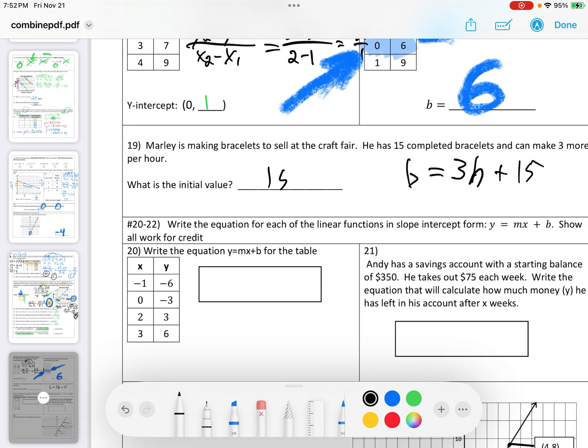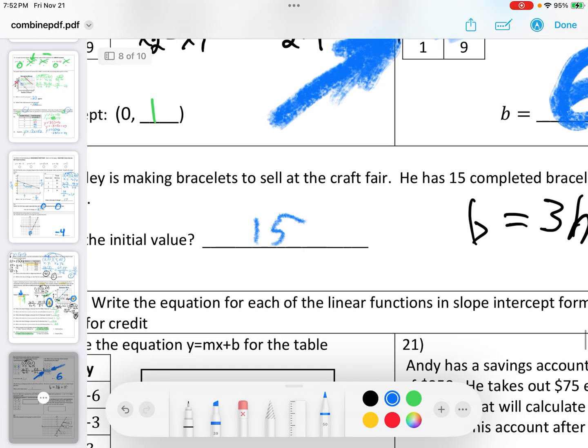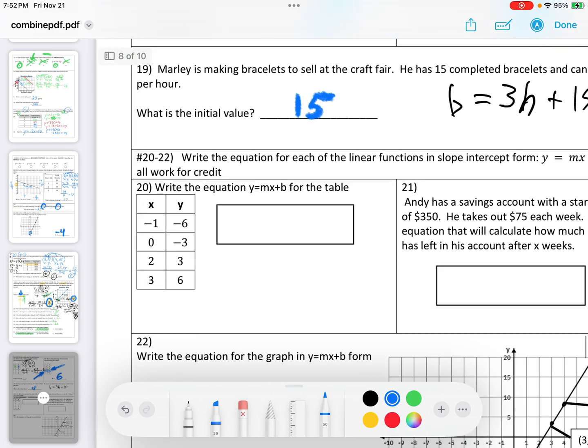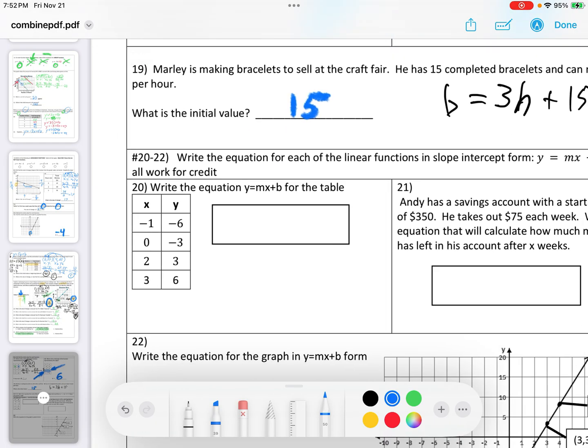Initial value, 15. Now we didn't need to do all that work now that I read the problem, but that's okay. I like to put all the information I know down on the paper, and then when they ask the question, I'll be ready. That's my method.